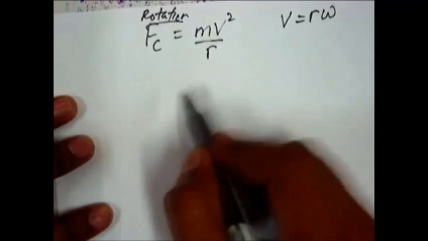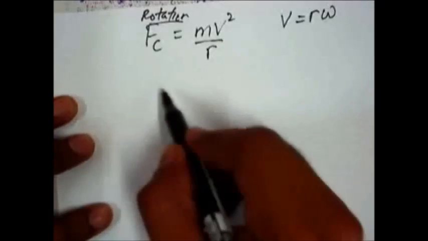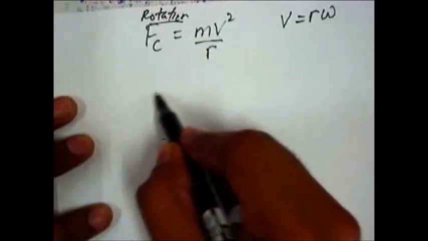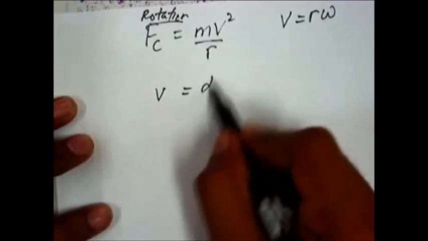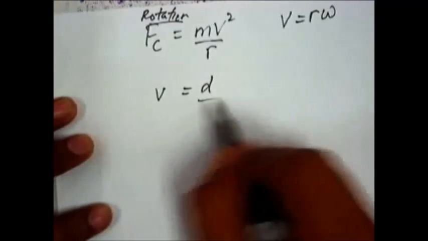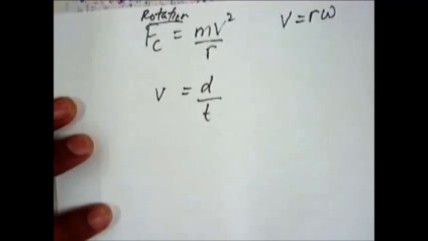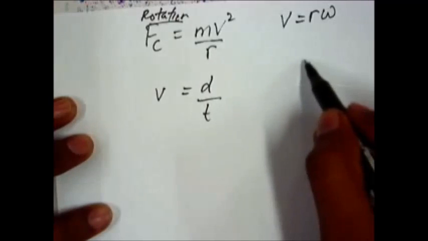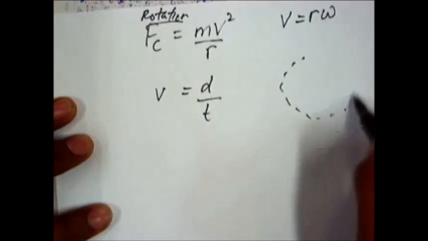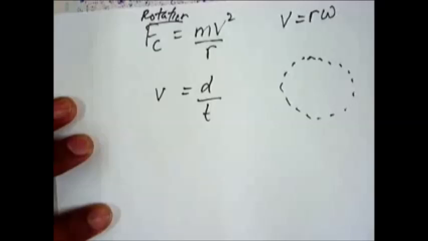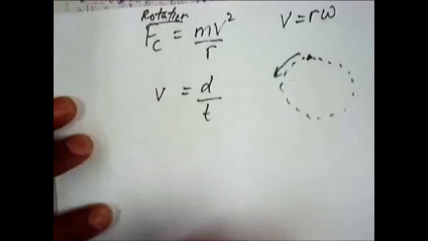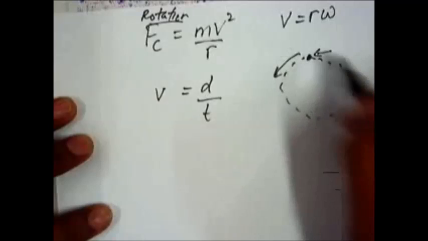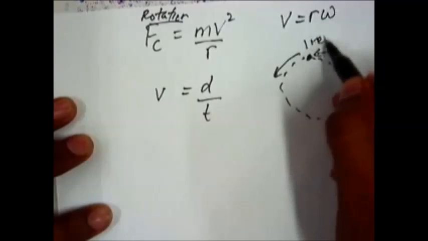Apart from that, usually you will see that if you have to calculate velocity, suppose the distance is given, you know that velocity is equal to distance divided by time. Now when you look at circular motion, going in a circle, if you start at this position, you go that way and you come back to your starting position, you call that one revolution.